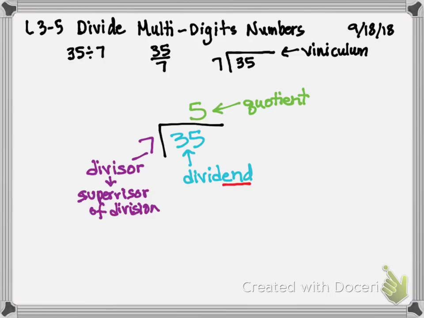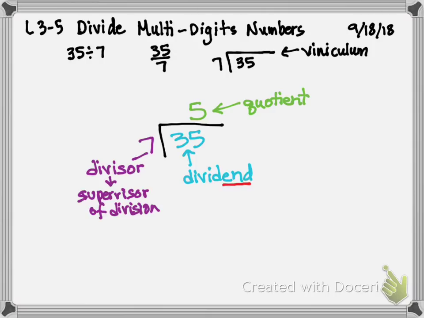The question is, can we still use estimation when we're doing division? The whole point of estimation is to get an idea of what the answer should look like. Is it going to be a 1-digit, 2-digit, or 3-digit answer? Is it going to be in the 10s, 20s, 30s?